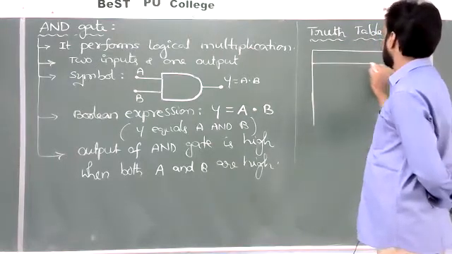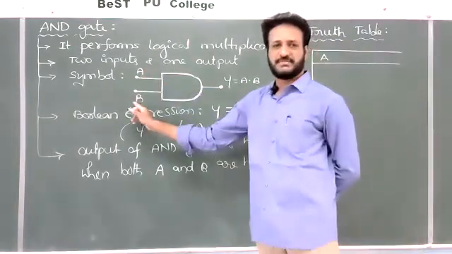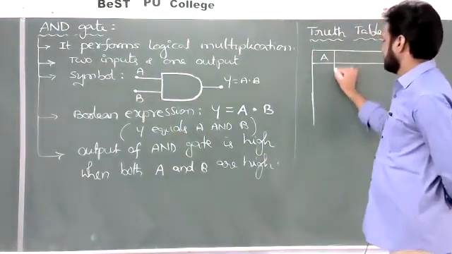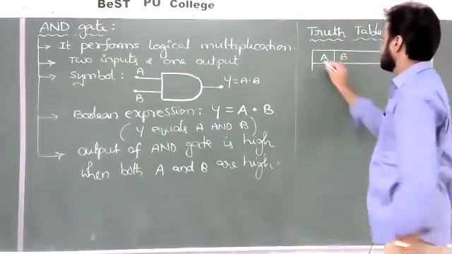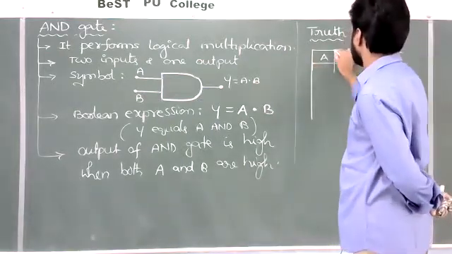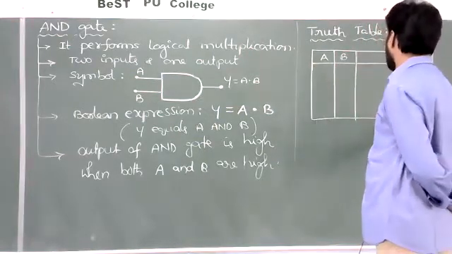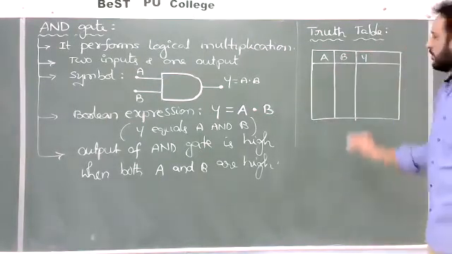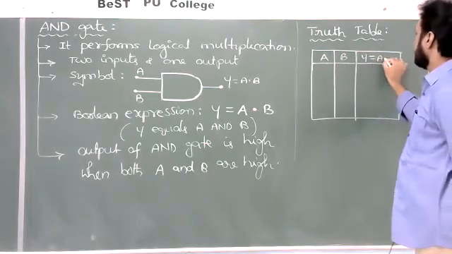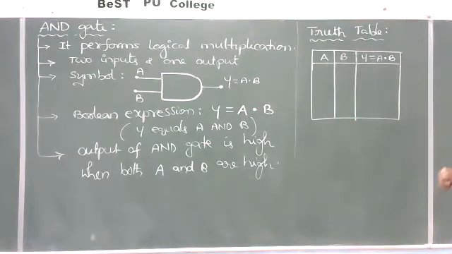First input A, already I mentioned 2 inputs. Next second input B. First input is A, second input is B. These 2 are inputs. Next you should write output. Output we are using the symbol Y. Y equals A and B, or A dot B, should write like this.